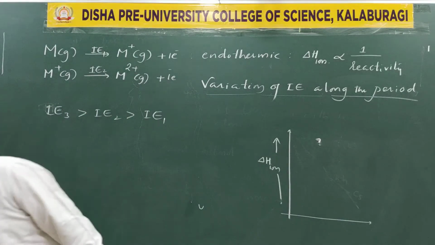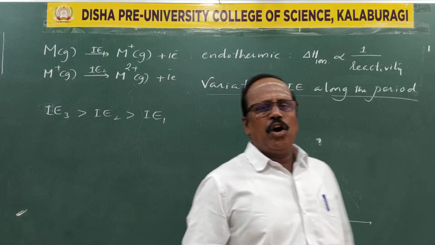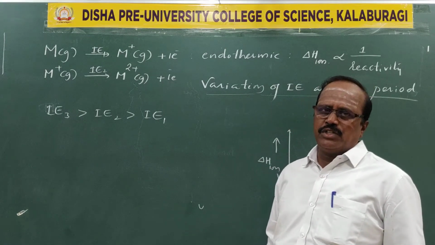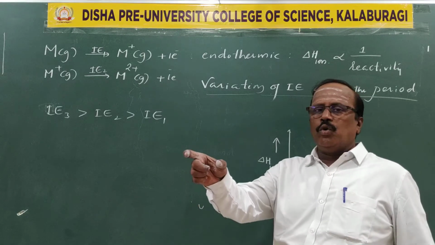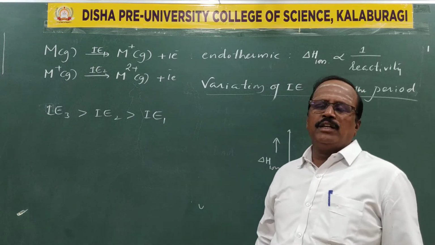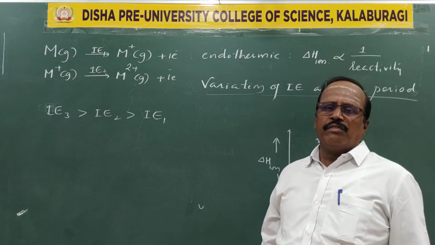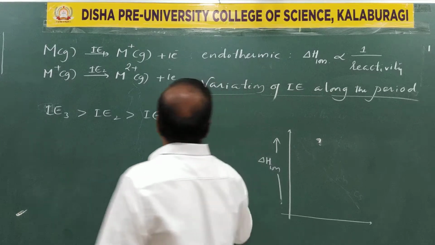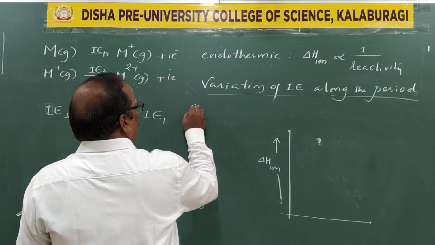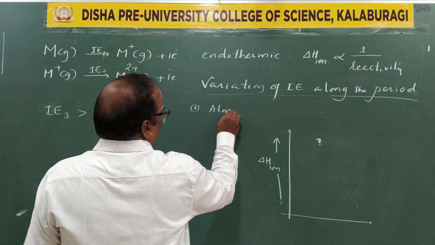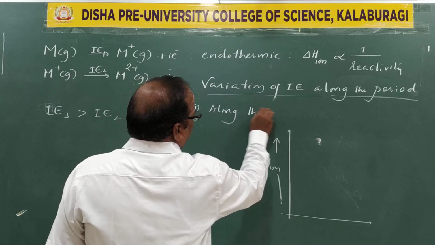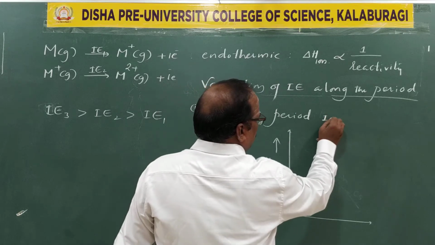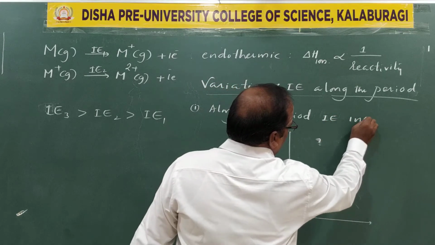Before that, you remember generally along the period with increase in effective nuclear charge, the electrons are very close to the nucleus. To pull them, we should put more amount of effort, more energy. Therefore, I write here: along the period, ionization energy increases.